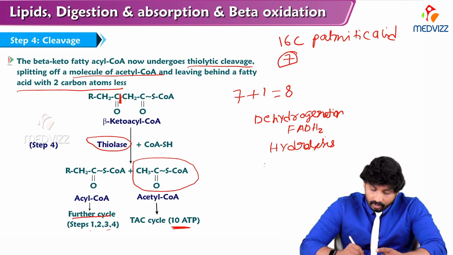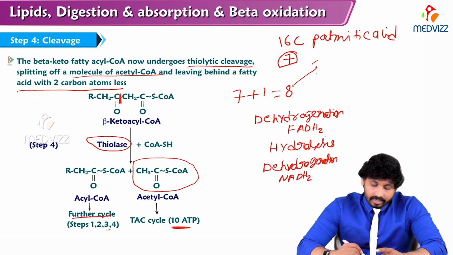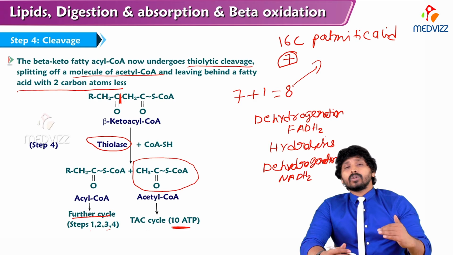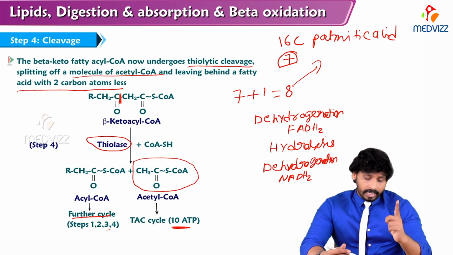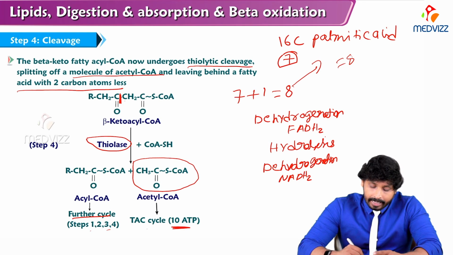Third is again dehydrogenation, where NADH is involved. So 8 acetyl-CoA enter the TCA cycle. Each acetyl-CoA entering the TCA cycle produces 10 ATPs. So 8 into 10, 80 ATPs in the case of palmitic acid.